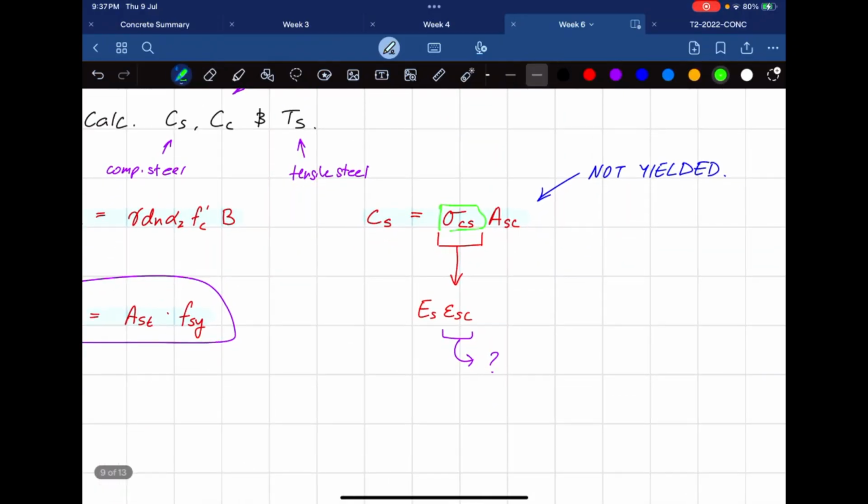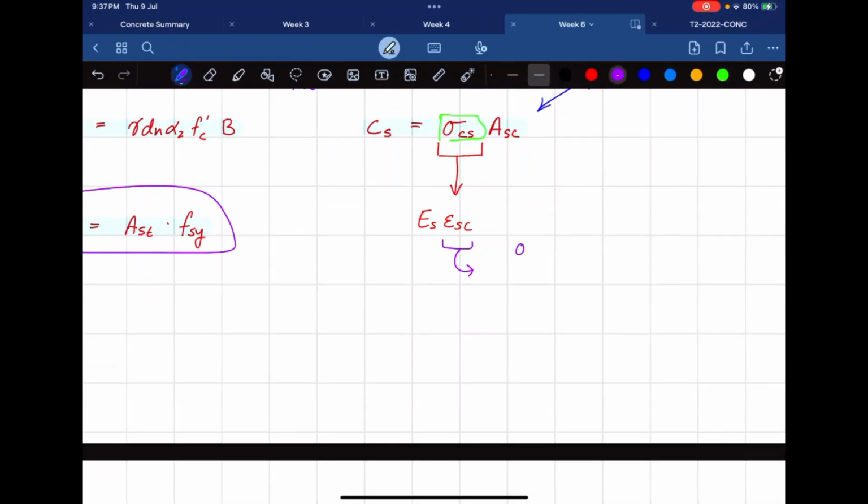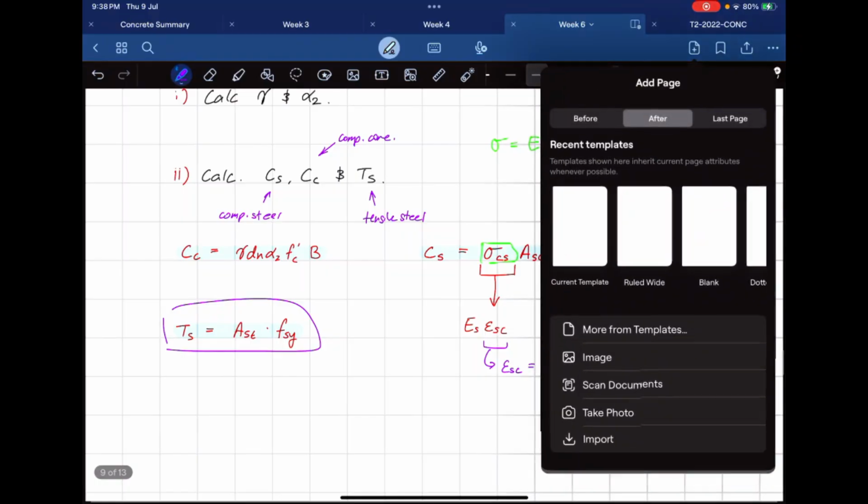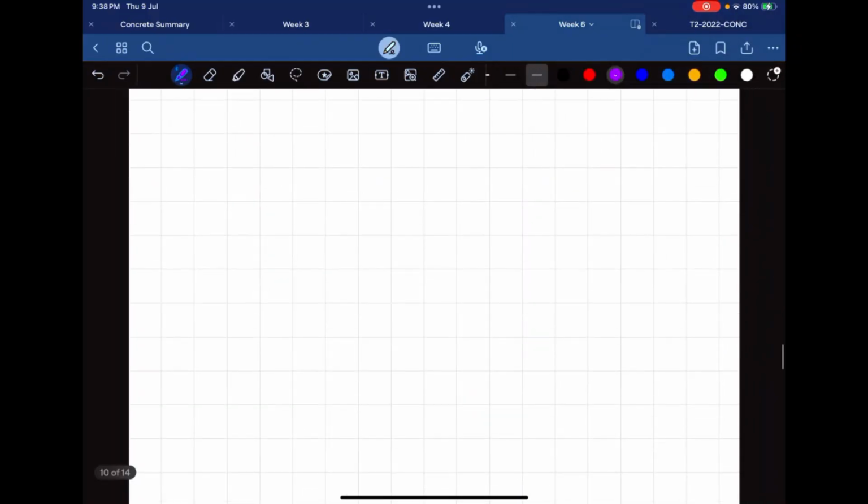And this part over here, as I said earlier, is equal to 0.003 times dn minus dsc all over dn. The explanation for that, I'll actually go through it again because it's a bit weird.